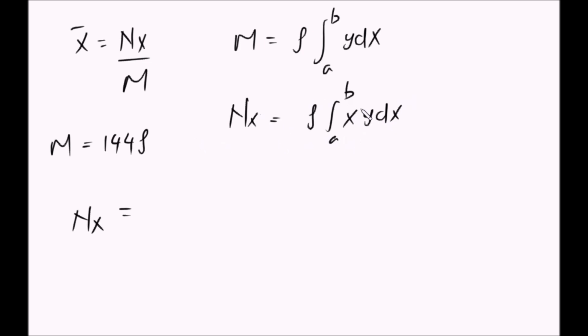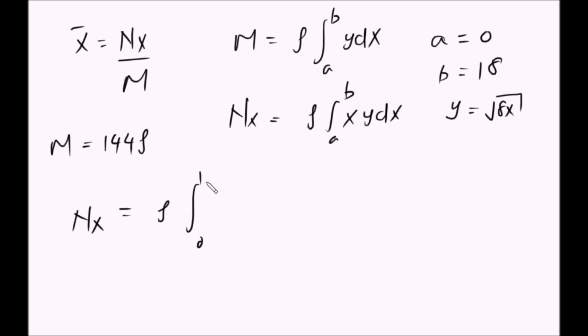Hii ndo x moment. So our a as usual ni 0, our b ni 18, our y ni the square root of 8x. Kwa hiyo itakuwa density from 0 to 18, uchukue x times the square root of x dx.